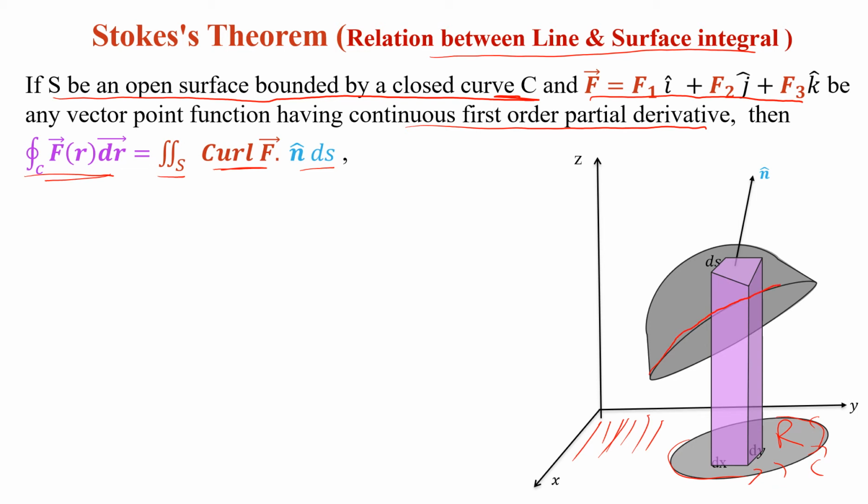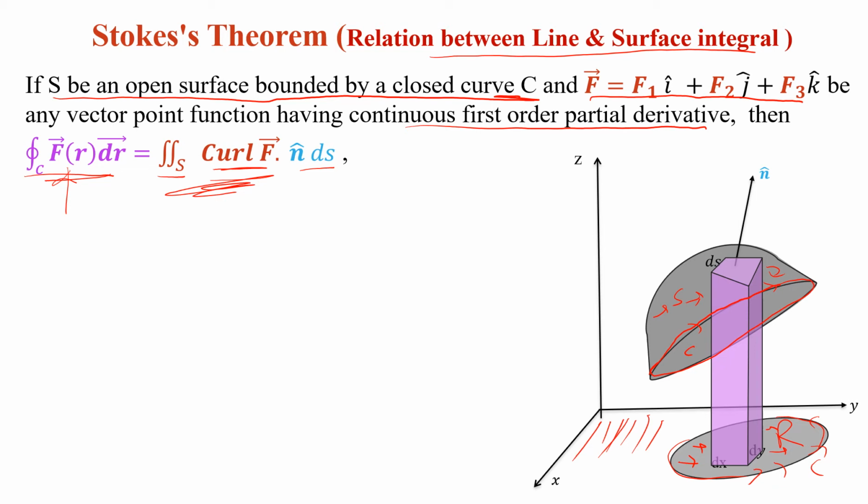So that surface S is bounded by the curve C. If you want to evaluate the line integral, where the direction of f on that surface may vary, we can do it with the help of the surface integral, by taking the curl of f over the given surface.